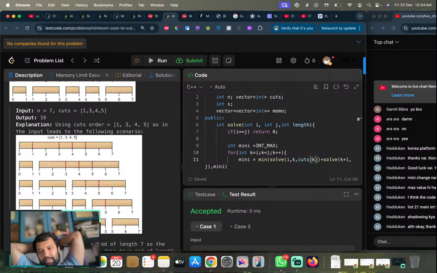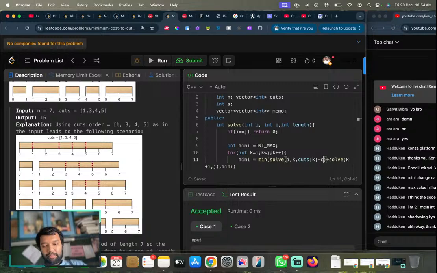Okay, so cuts of k, so five, length between 5 and 1, minus cuts of i.